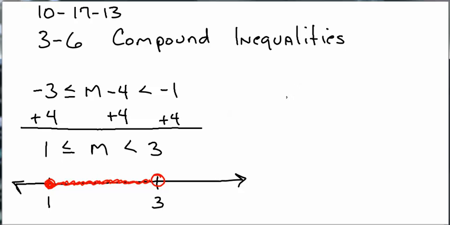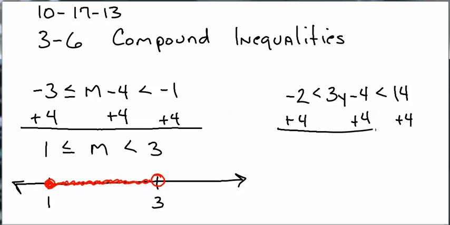-2 less than 3y minus 4, which is less than 14. You're trying to get the y by itself in the middle, so you add 4 everywhere. Could you add 2? No, it's just going to be a mess.